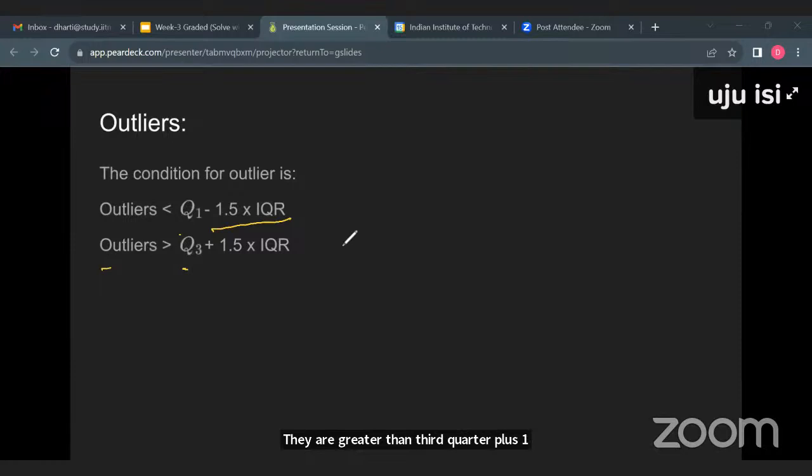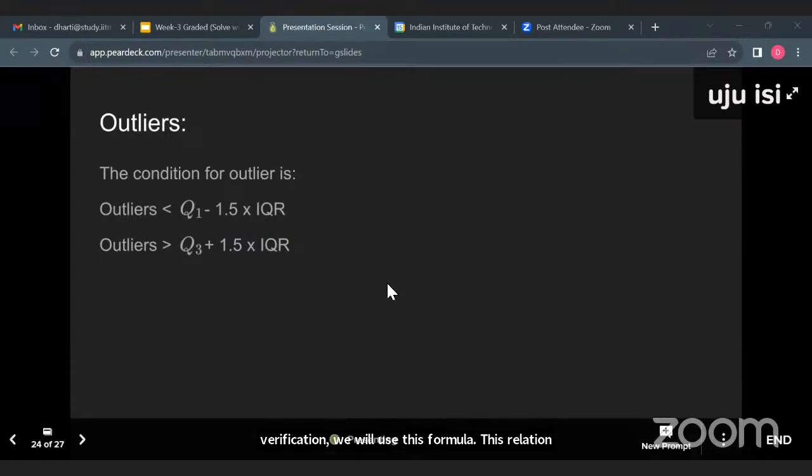If there is some point, you can't just judge it by its value, right? You need some proper proof for verification. So for verification we will use this relation, not formula. Let's try one question, because I think it will be easy via a question.